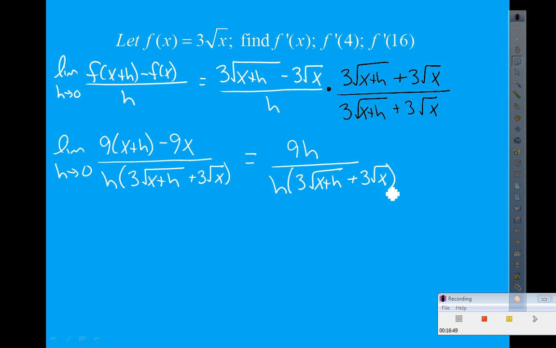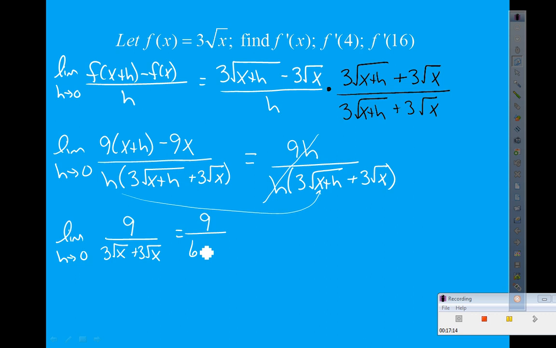Man. But now watch what happens. These h's cancel out. So the limit as h approaches 0, my numerator becomes 9. When I let h go to 0, I'm going to get 3 radical x plus 3 radical x, which is 9 over 6 radical x, which is 3 over 2 radical x.